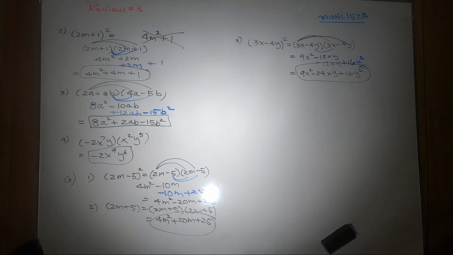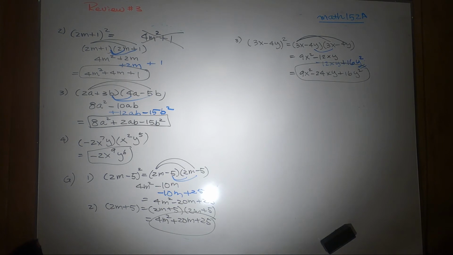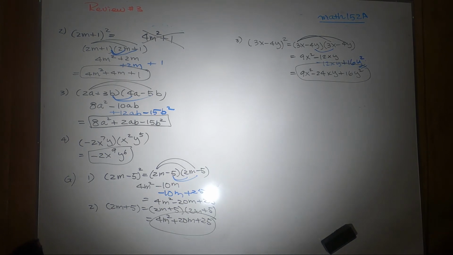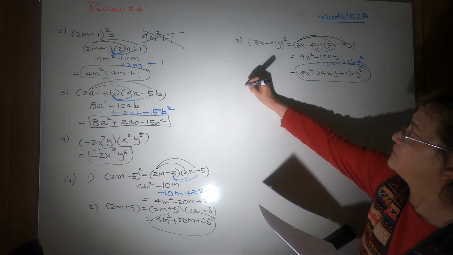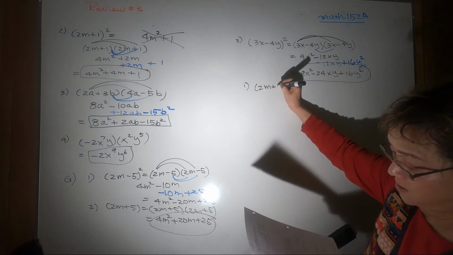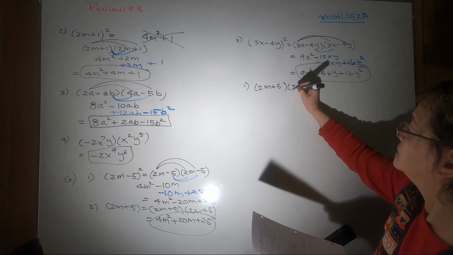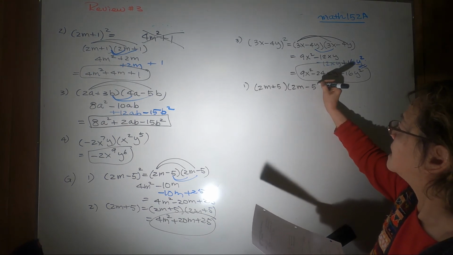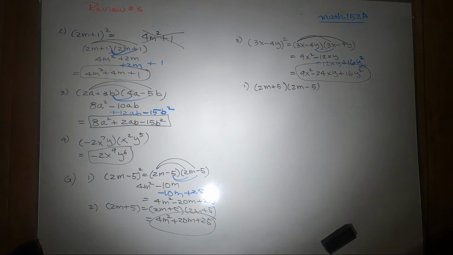That's the what? Multiplication of a binomial squared. Binomial take square, right? What happens if you have one is positive, one is negative, right? The multiplication of a sum and the difference.